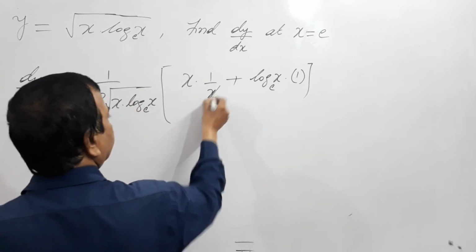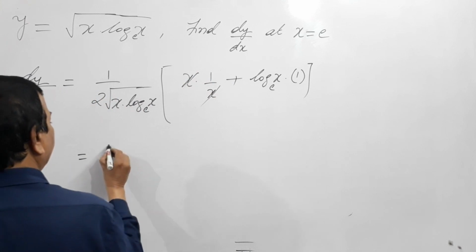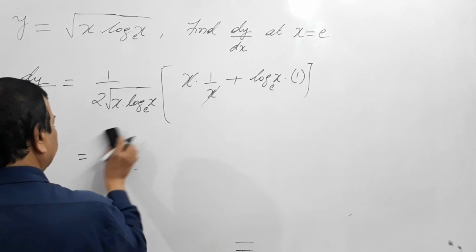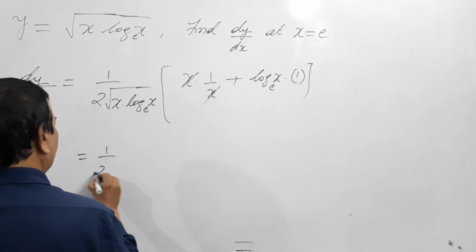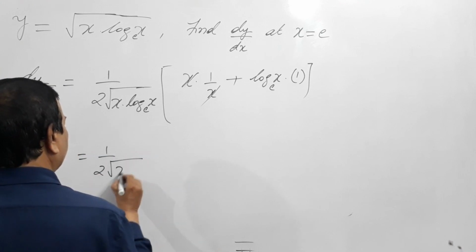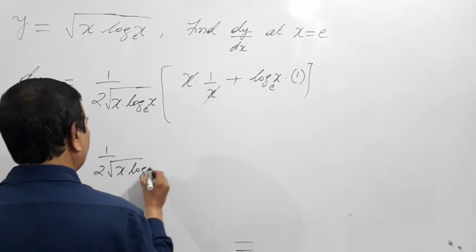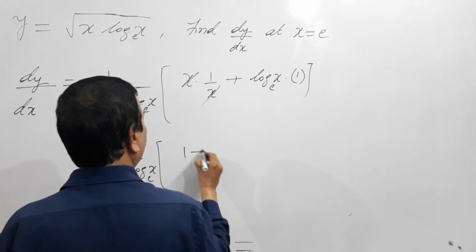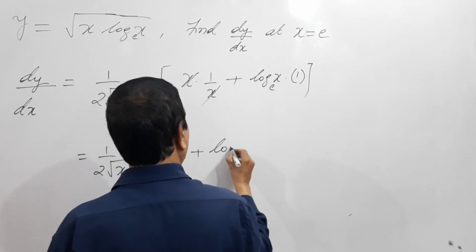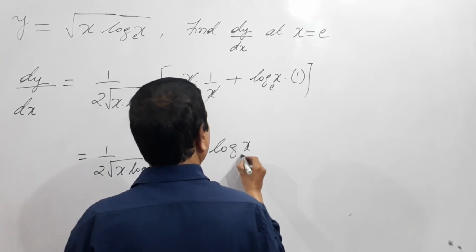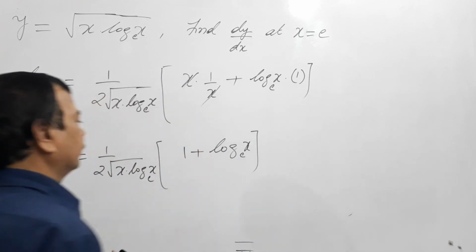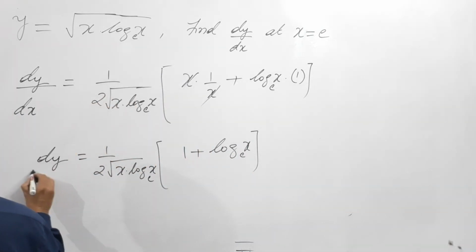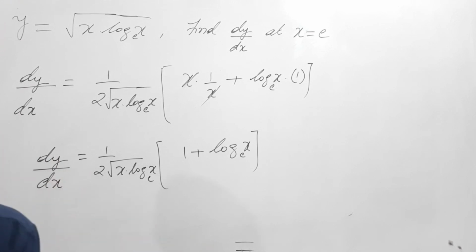So this x cancels. So you are left with half into x into log x to base c, into 1 plus log x to base c. This is our dy by dx.